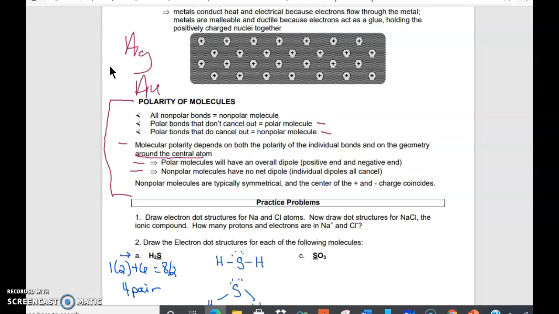So that means that they just kind of cancel each other out with the directions when they're pulling equally away from the central atom. Nonpolar molecules are typically symmetrical, and the center of the plus and minus charge coincides. Okay. So I hope that helps.